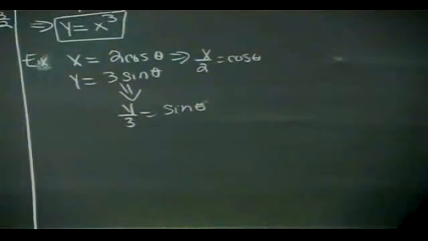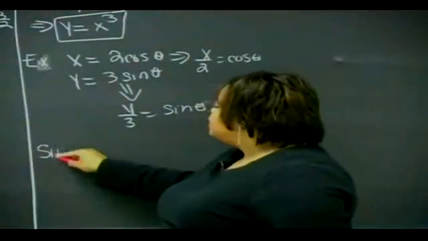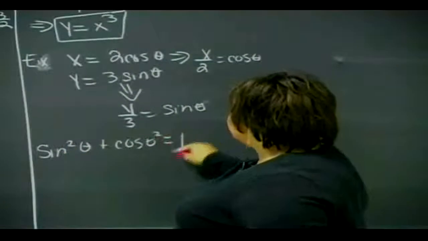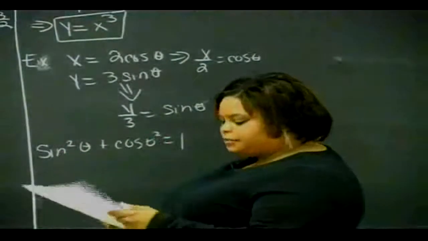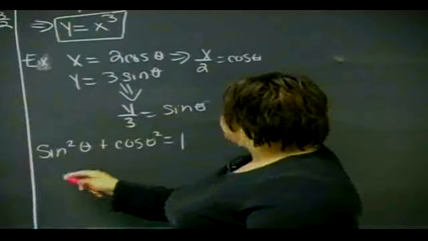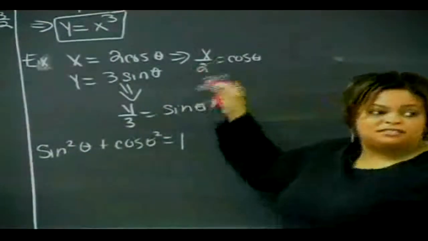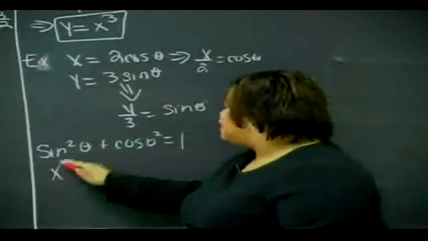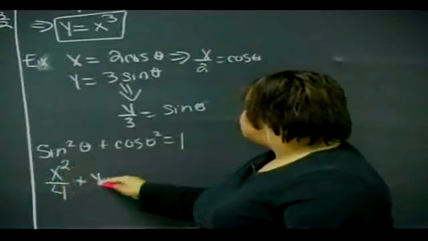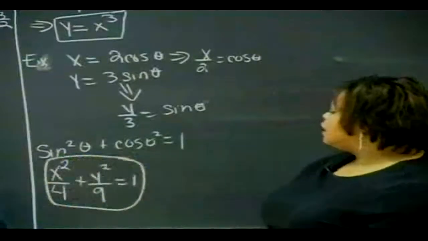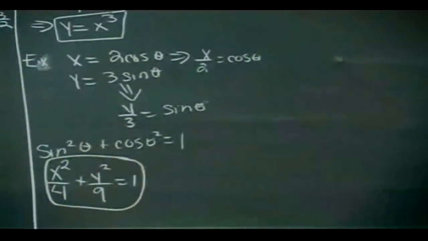Knowing my trigonometric identity, sine squared theta plus cosine squared theta equals 1, I can say, and most times they want to write it with the x coordinate first, x squared over 4 plus y squared over 9 equals 1. That turns out to be an ellipse.